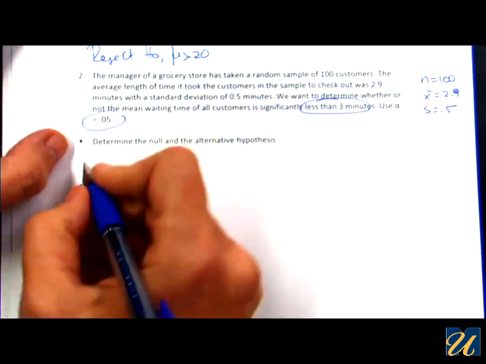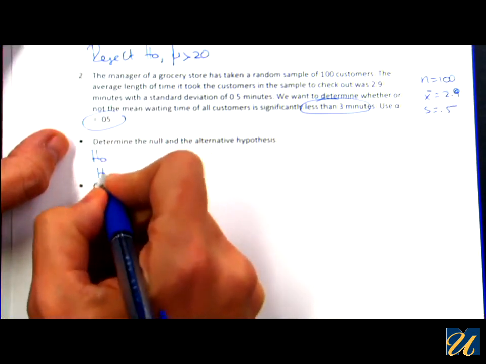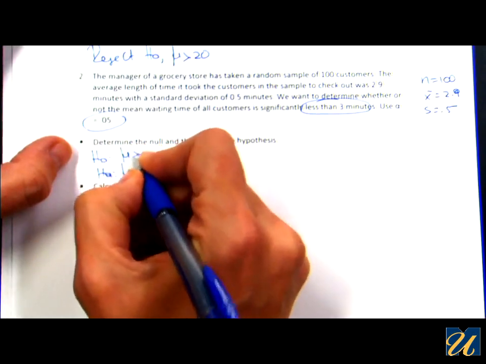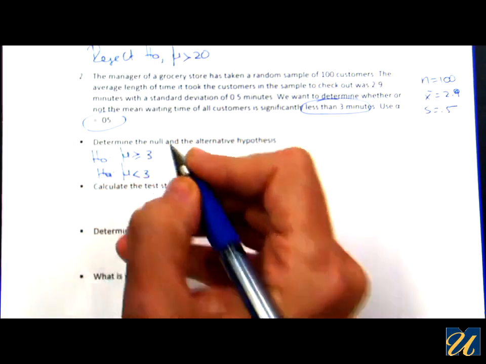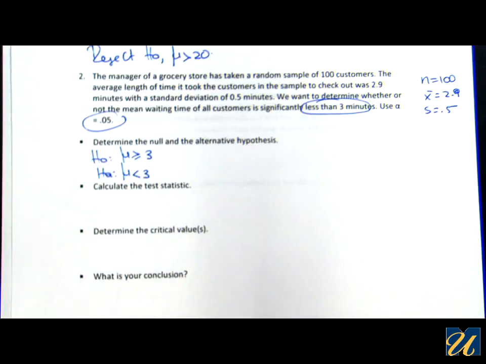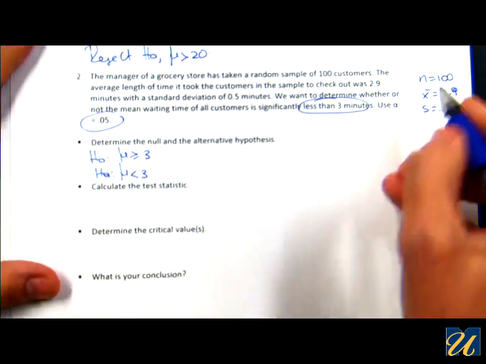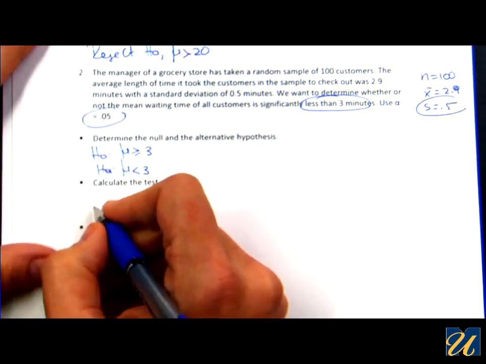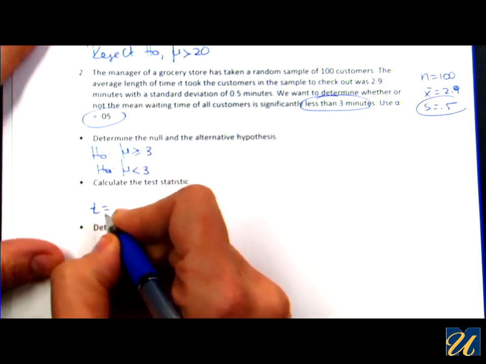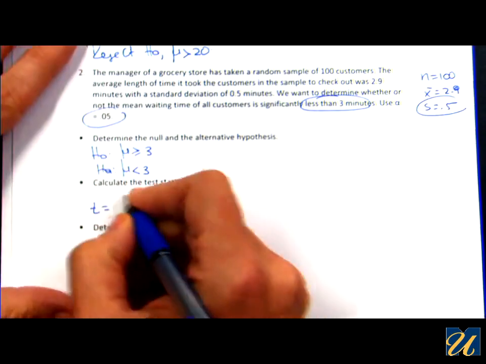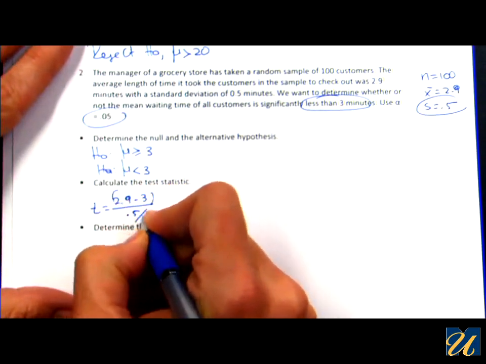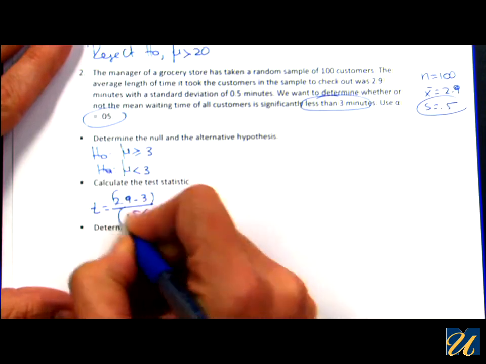So, less than 3, that means I'm giving you HA, mu less than 3, H0 therefore greater or equal to 3. So that means we're going to have a one-tail left test. S is given, therefore I'm going to have a t test. So t will be equal to 2.9 minus 3 over 0.5 divided by square root of 100.